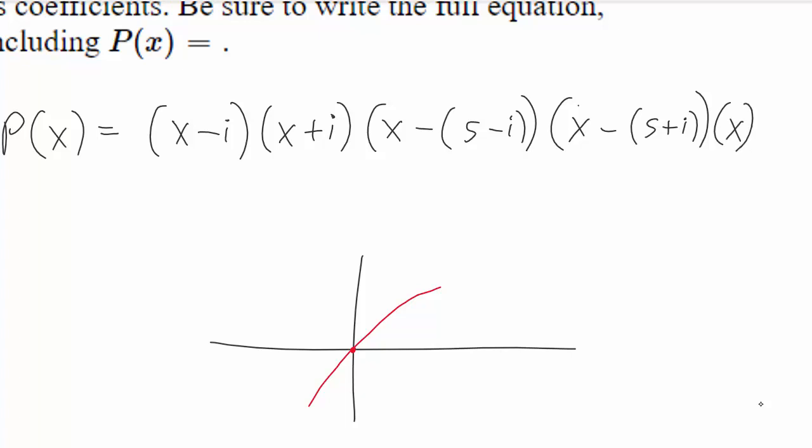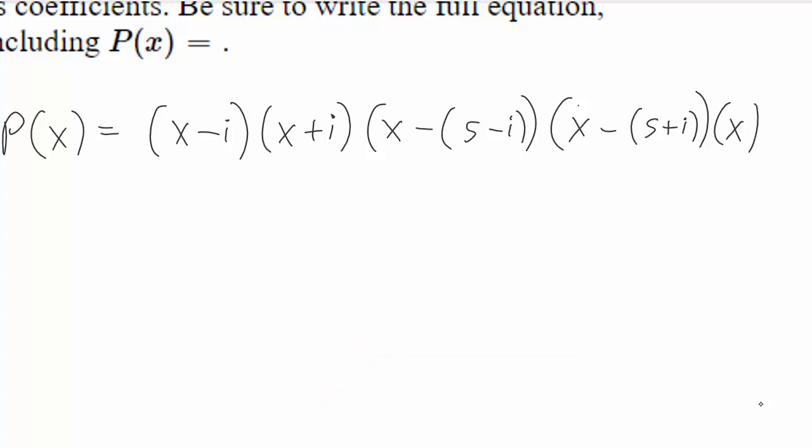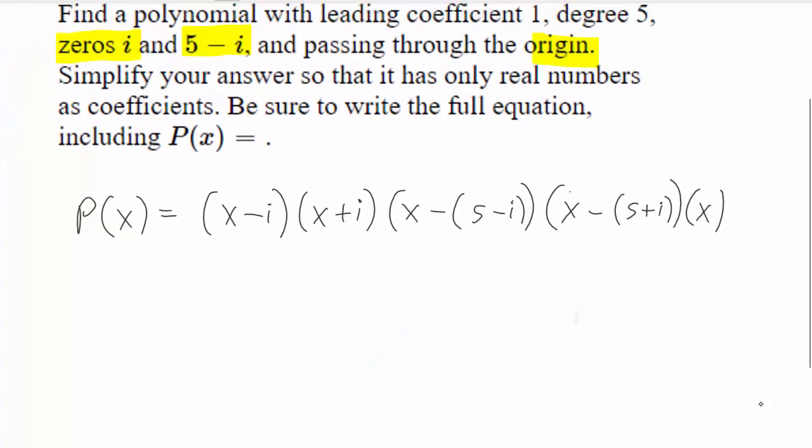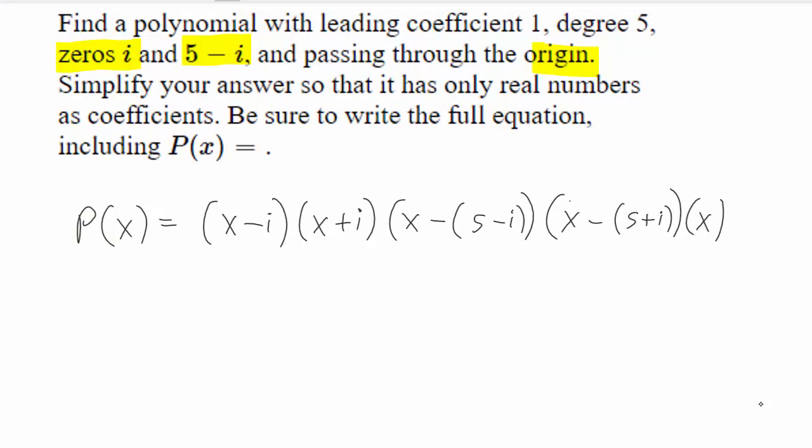You could write it as x minus 0, but that would be a little redundant, so we're just going to write x. Now, it also says that it needs to be degree 5. So what degree do we have? We have x to the first, so there's 1, 2, 3, 4, 5. Perfect. We have the perfect number of x's, nothing else to be looking for.